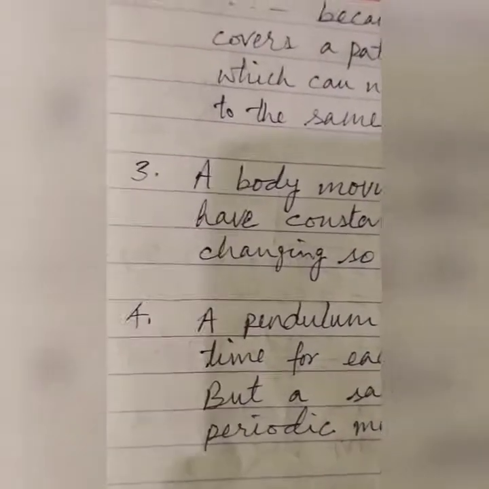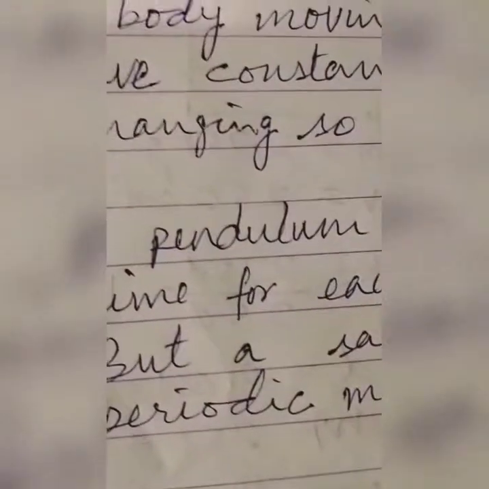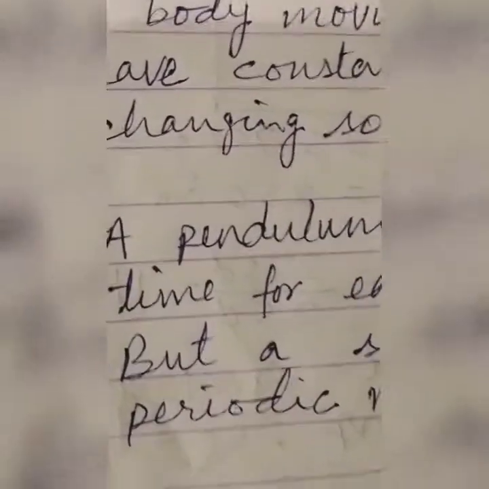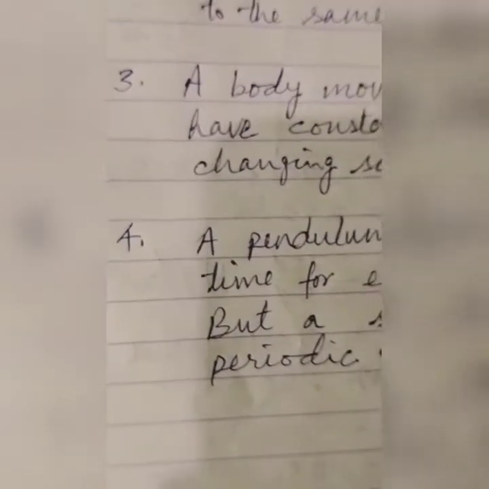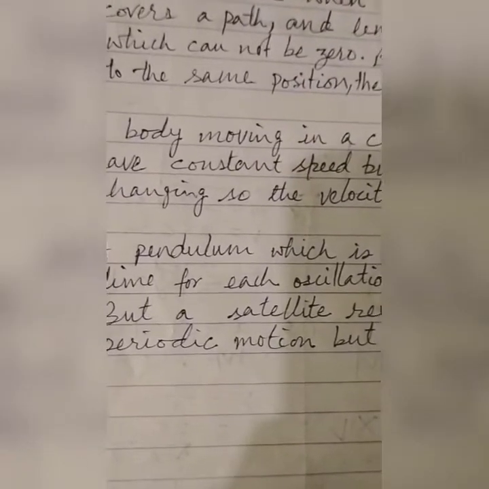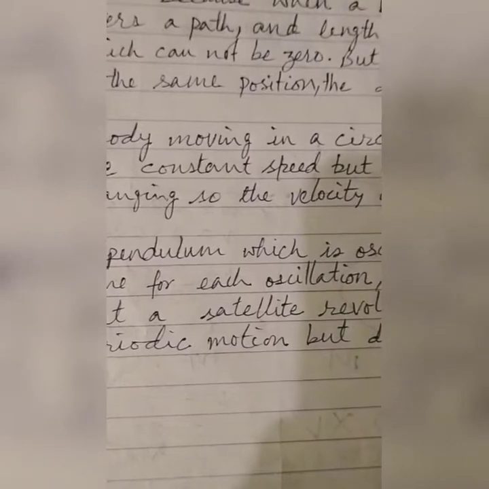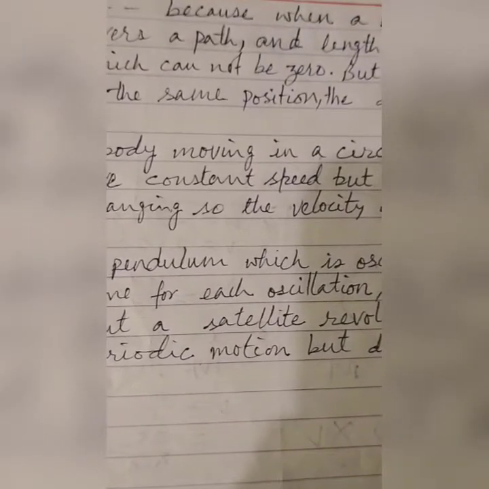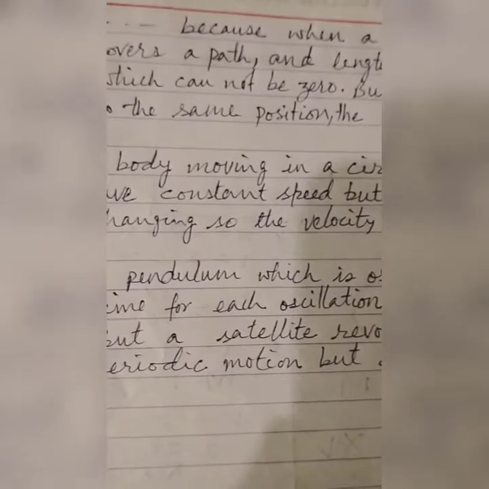Okay, then the third one: an object moving with constant speed may have a variable velocity. So when a body is moving in a circular path, it may have a constant speed. It can move with a constant speed, having the same time for each revolution.